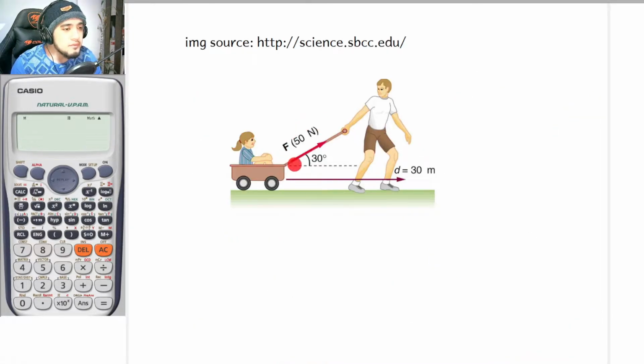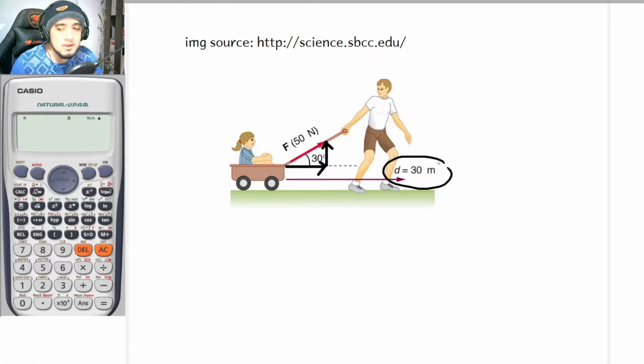And in this force system, your force is a vector that has two components, namely its own X component and its own Y component. For us to solve for the value of work, we would just be multiplying the displacement by the component that is parallel to it.